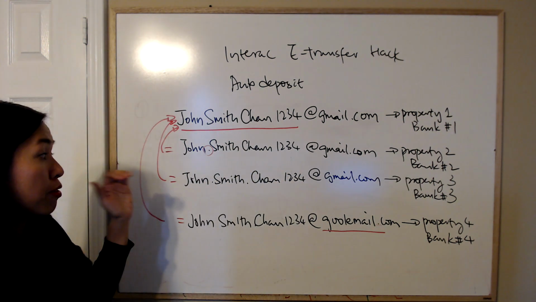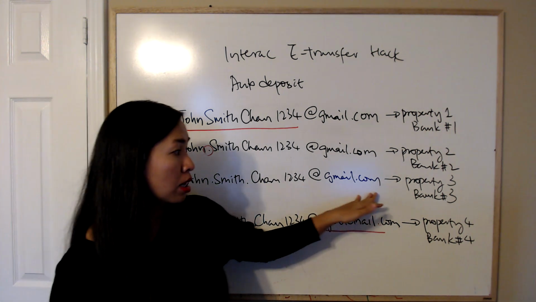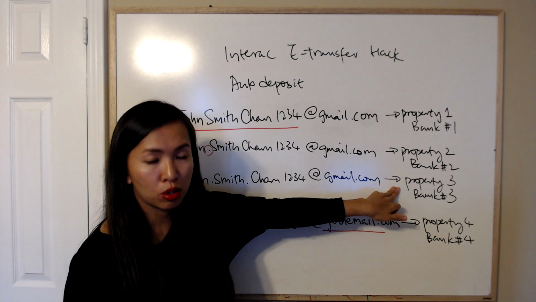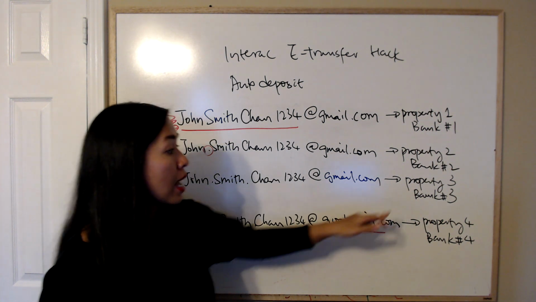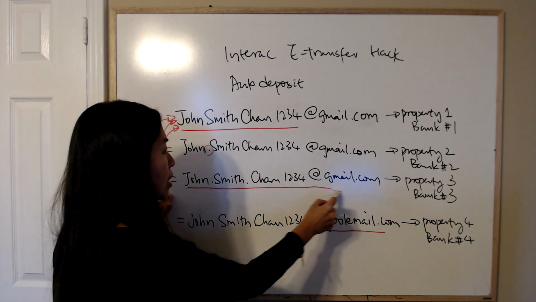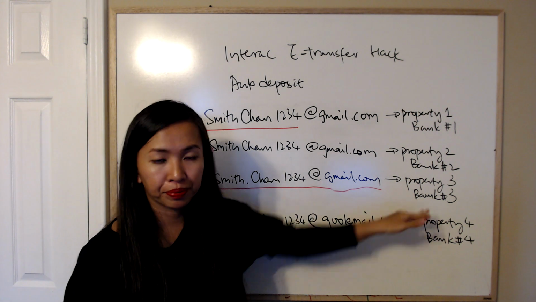Now, I would give the third email, john.smith.chen1234@gmail.com with its own dot placement, to property number 3's tenants, and I would also set up the auto deposit with this exact same email address that I gave to the tenants, and deposit it to bank number 3.